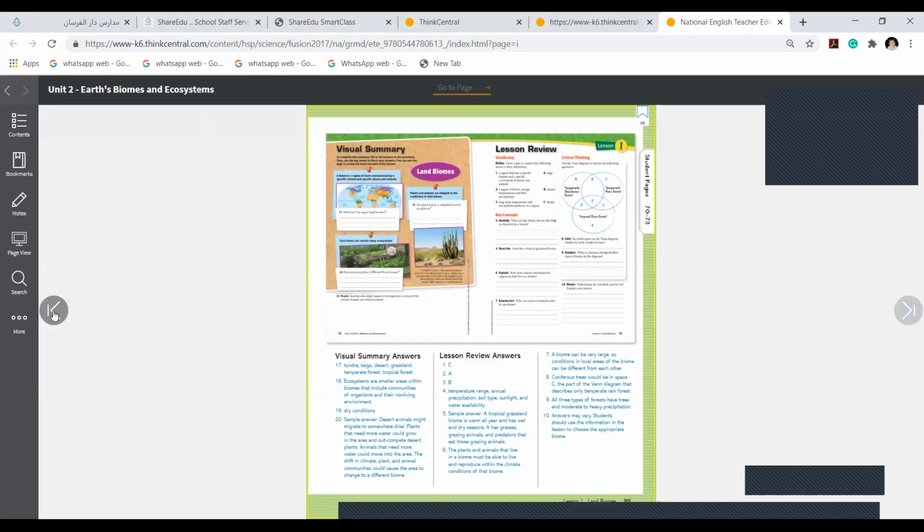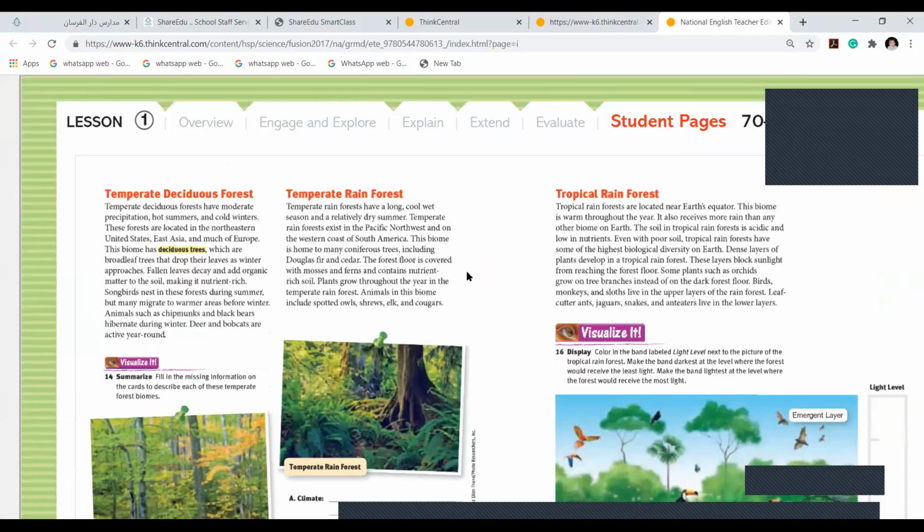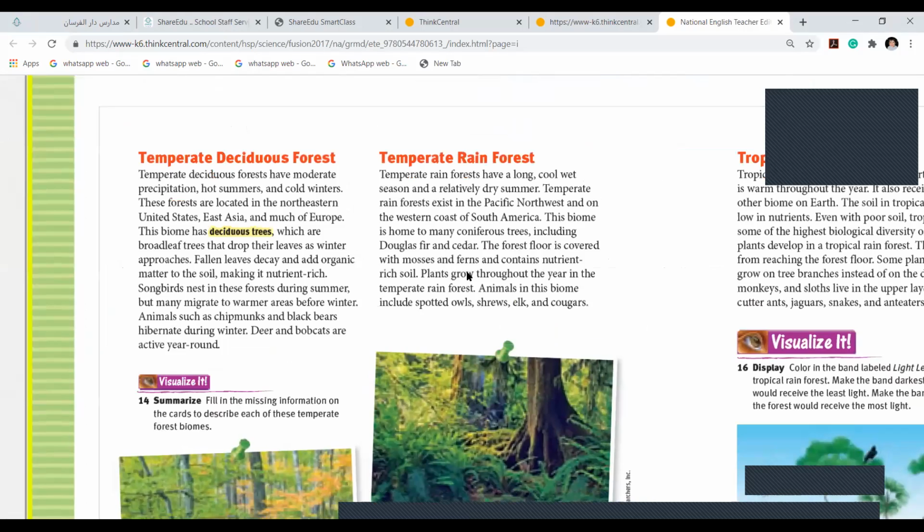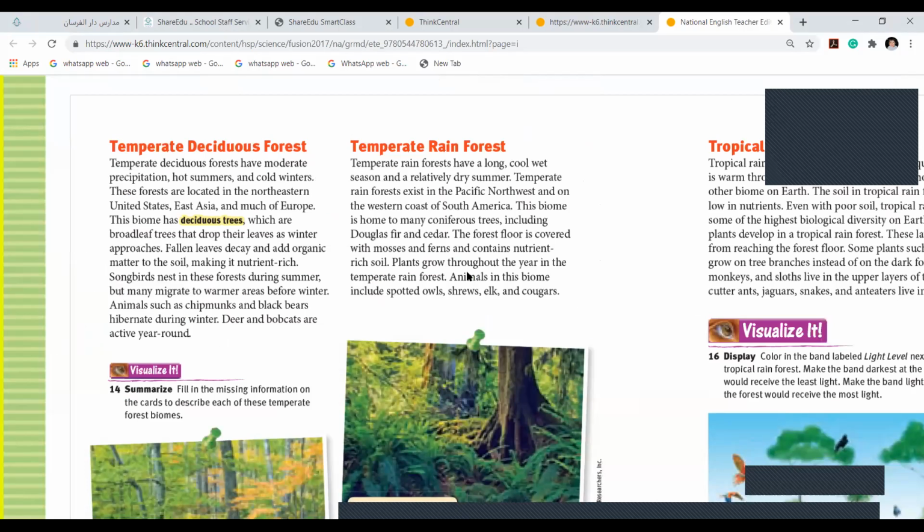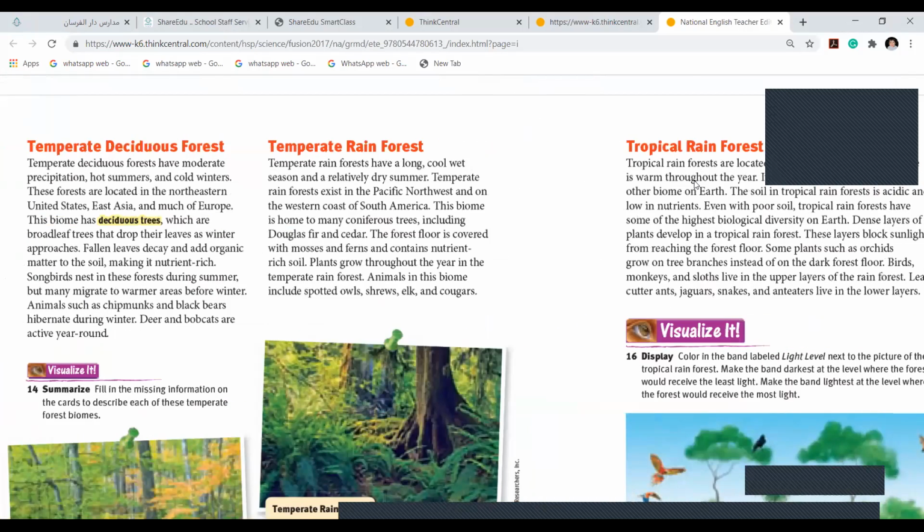Now, please, one of you read those, because yesterday I finished with all of them. I just want one of you to read deciduous rainforest and the other, rainforest.